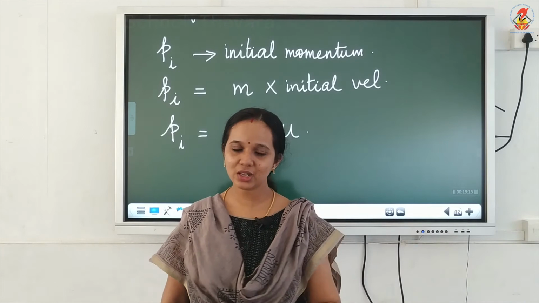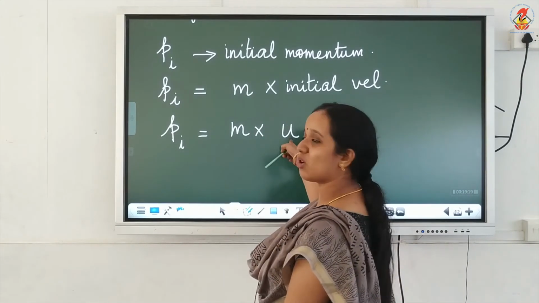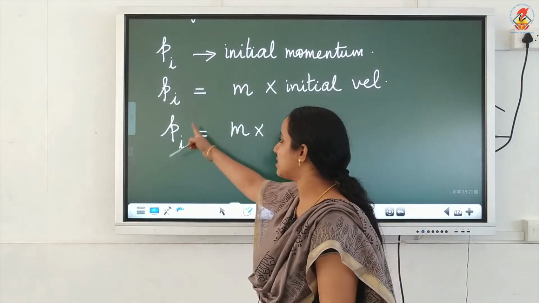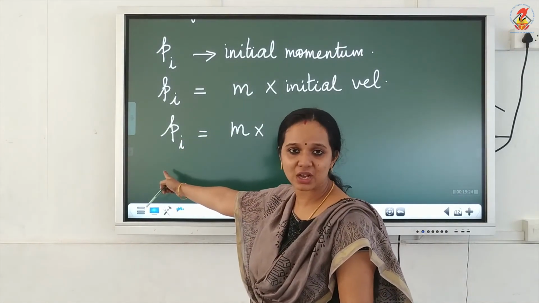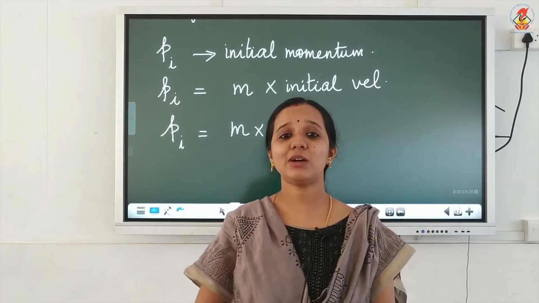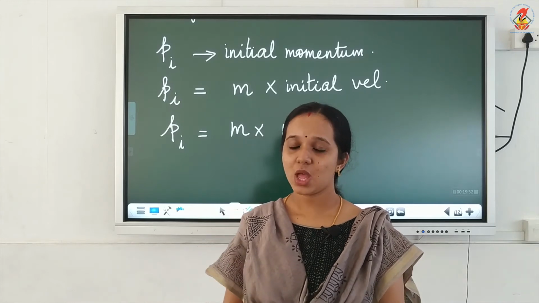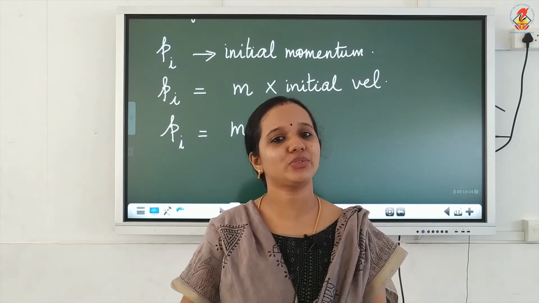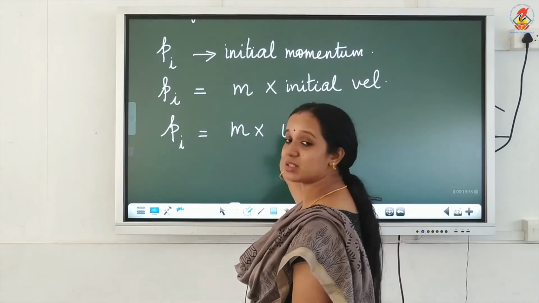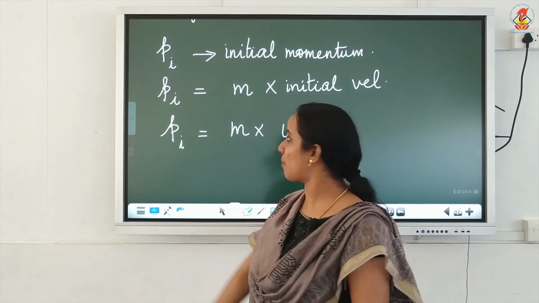So, initially the object of mass m was travelling with a velocity u, hence the initial momentum Pi is m into u. When we apply a force onto that object, this velocity will change, which in turn changes its momentum.